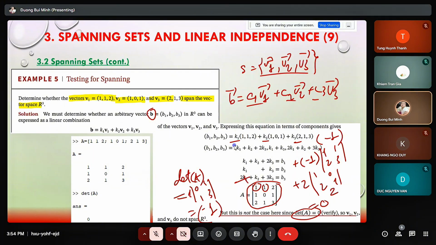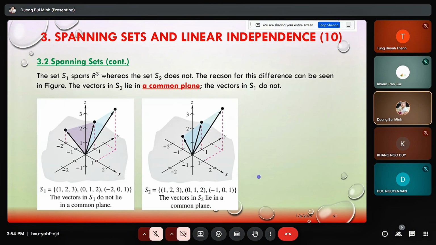So we can say that there isn't any spanning set containing V1, V2, and V3, because it is non-consistent.